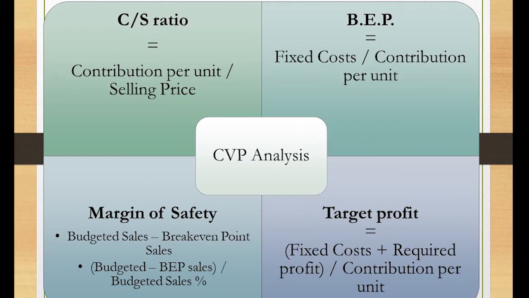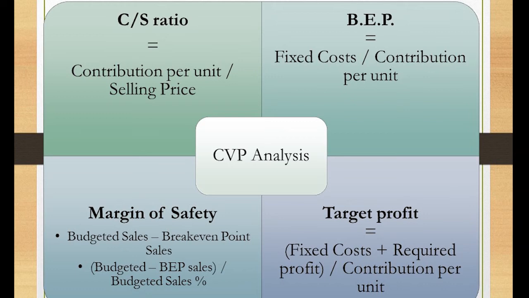A few formulas worth remembering. A formula sheet will not be given in the exam, so you have to remember these formulas. The first one is contribution to sales ratio, and that's simply contribution divided by sales figure. The other one is to find the break-even point in units: fixed cost divided by contribution per unit.